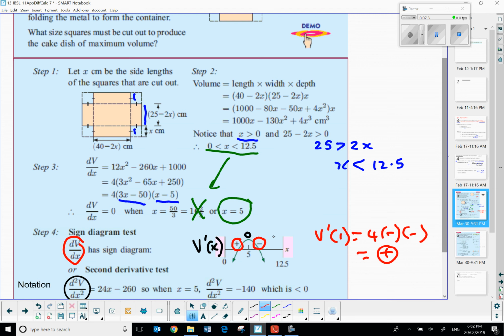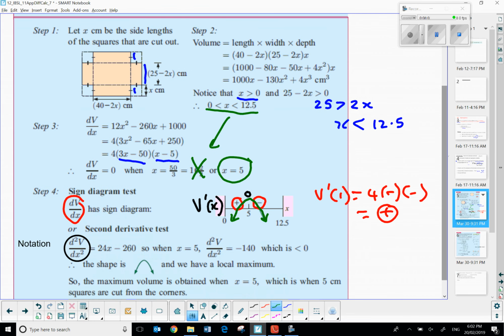So those positives and negatives are telling us about the derivative. If we have a positive derivative, it means our original function, so this green one here is what our original function is looking like, our cubic, is saying at this point we've got a positive gradient, a 0 gradient, a negative gradient. So that tells us then that we've got a maximum.